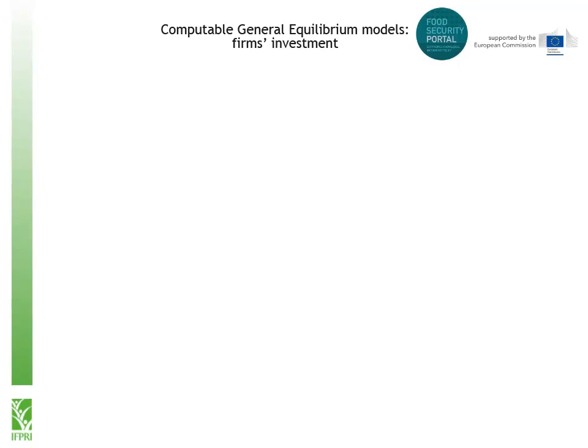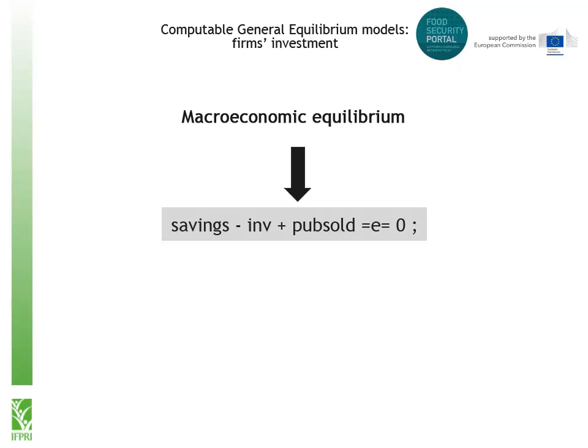So, how does firms' investment modify the macroeconomic equilibrium? So you remember that in the previous model, we had the macroeconomic equilibrium condition that was savings plus pub sold is equal to 0, that is to say household saving plus public sold is equal to 0. It was very simple.